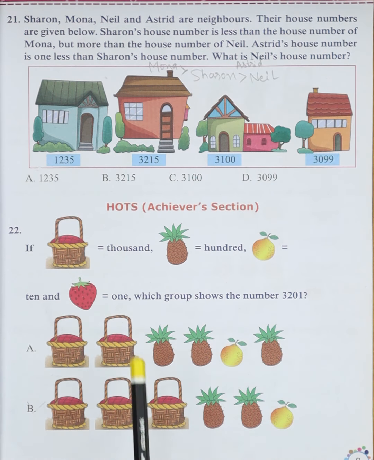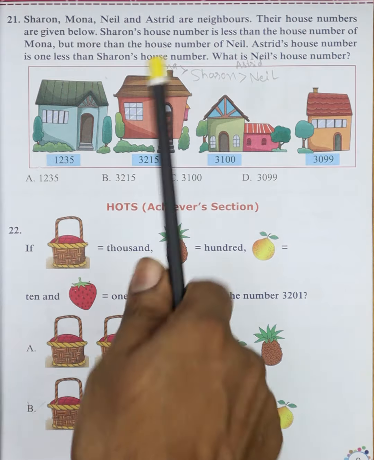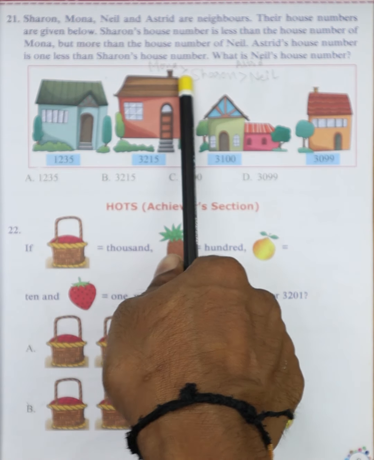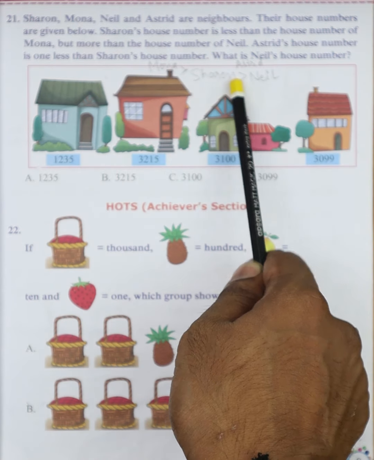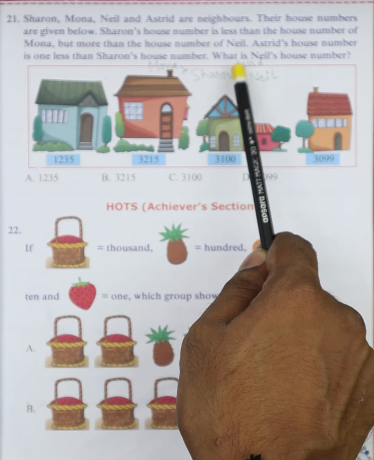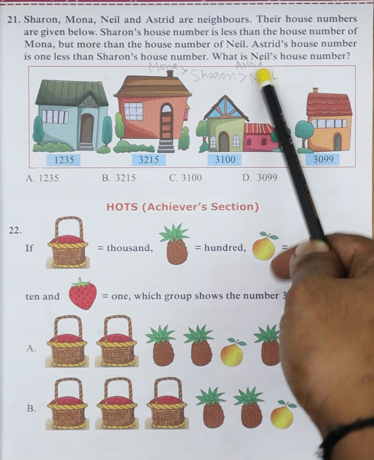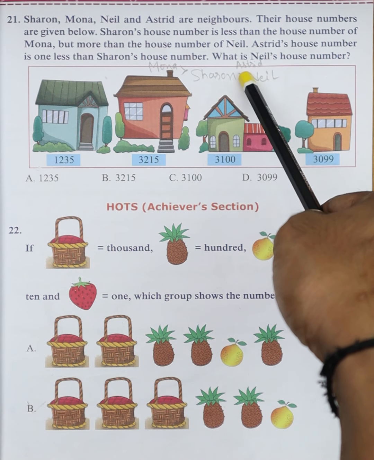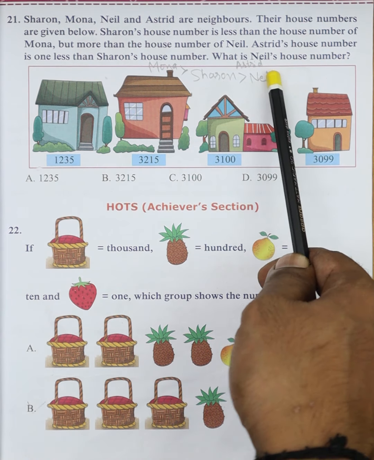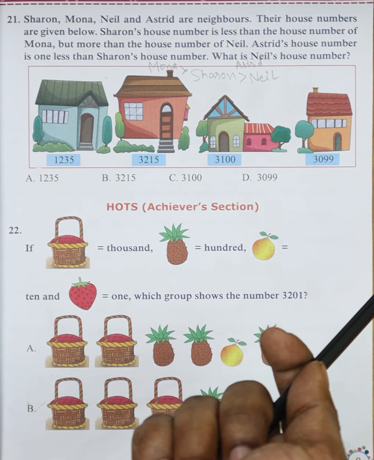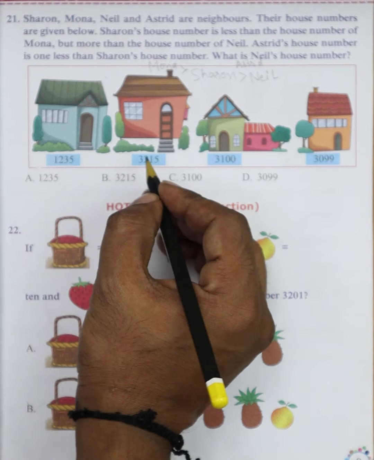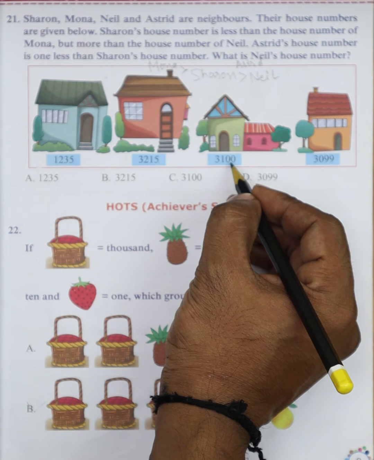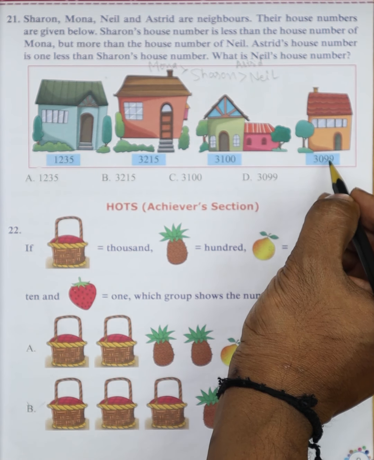So what would be Neil's house number? Mona's house number is more than Sharon's house number, and Sharon's house number is just one above Astrid's house number, and Astrid's house number is greater than Neil's house number. If we put this in numbers, let's see what numbers we have: 1235, 3215, 3100, 3099.